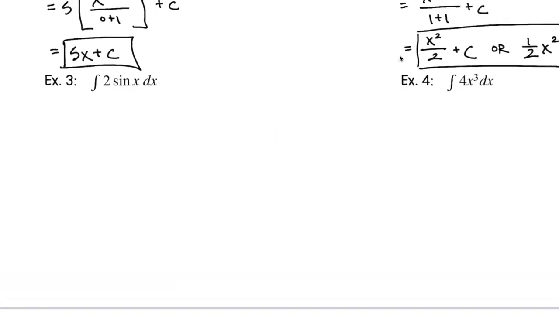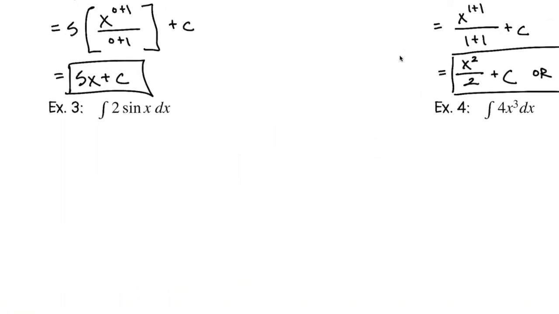Example 3, I see a constant multiple, right? So I'm going to go ahead and bring this 2 out to the front. So 2 times the integral of sine x dx. And let's think about, where did sine come from?